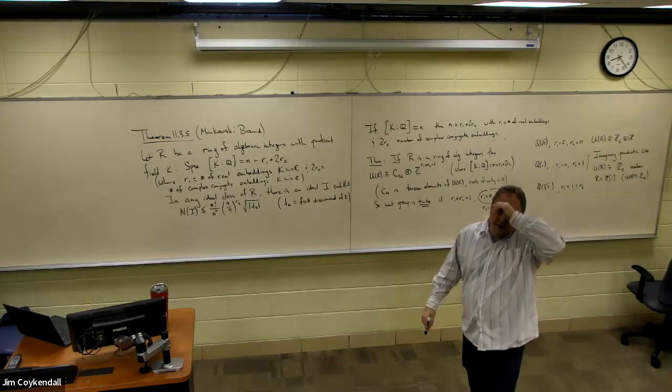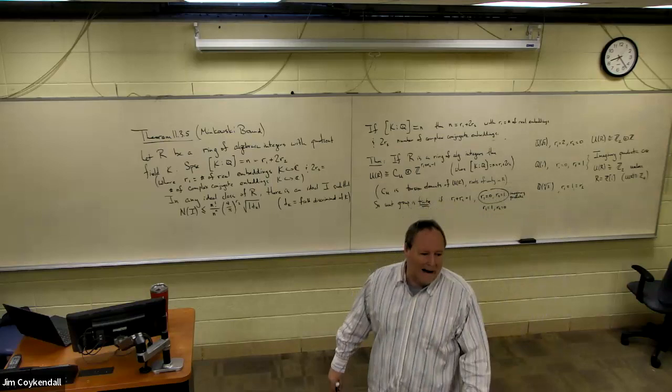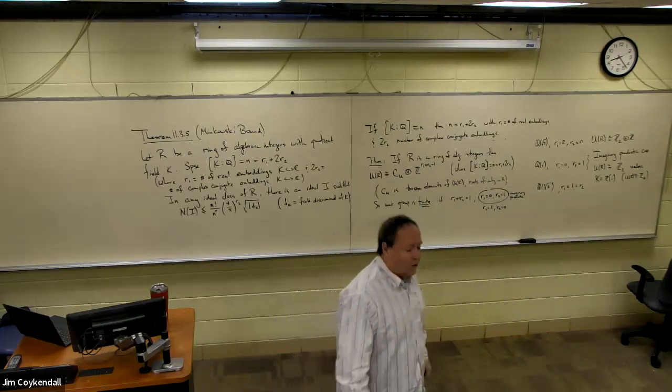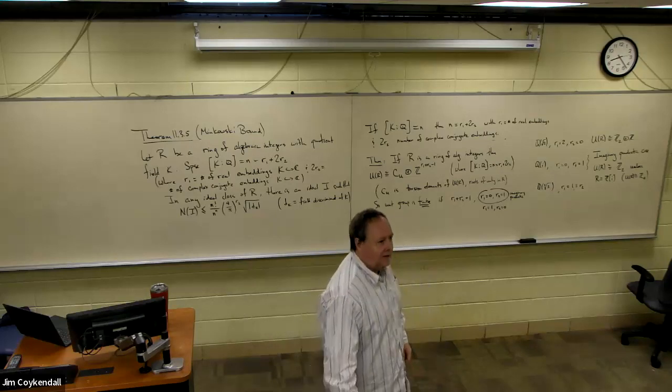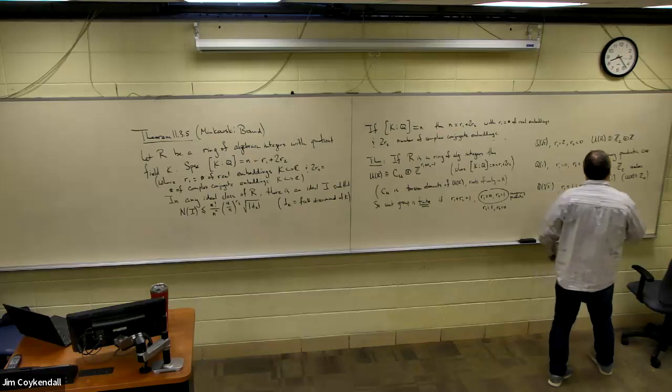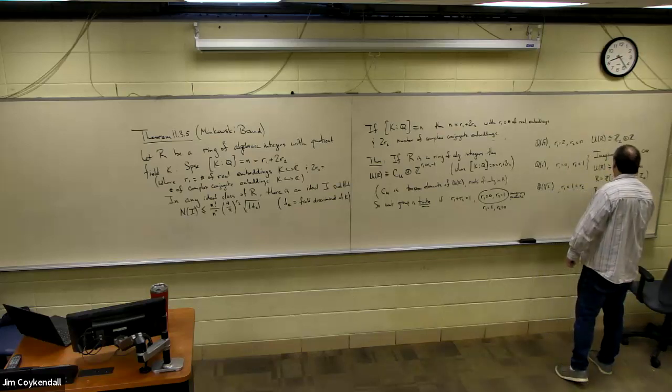Here, the roots of unity are generated by i. Right? What's the other exception? Plus or minus square root of negative 3. Now you have the primitive cube root of unity.